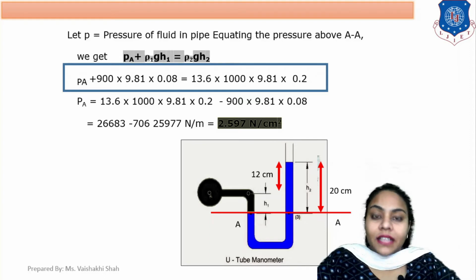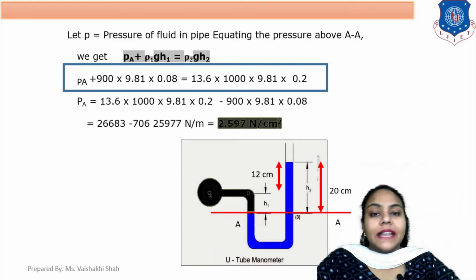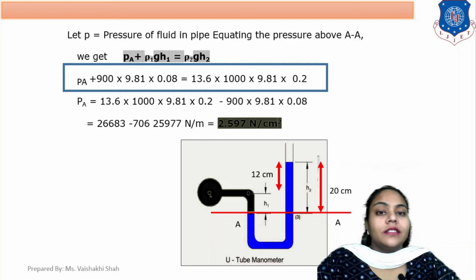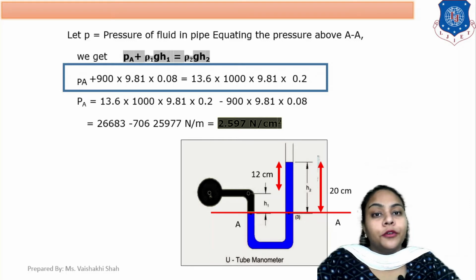Now solving the values in the calculator, you get the final answer for PA, that is 2.597 Newton per centimeter square. This is your final answer for the pressure at point A in the simple U-tube manometer.